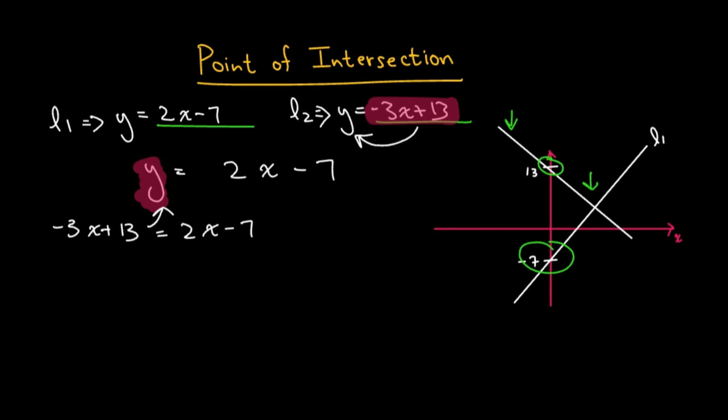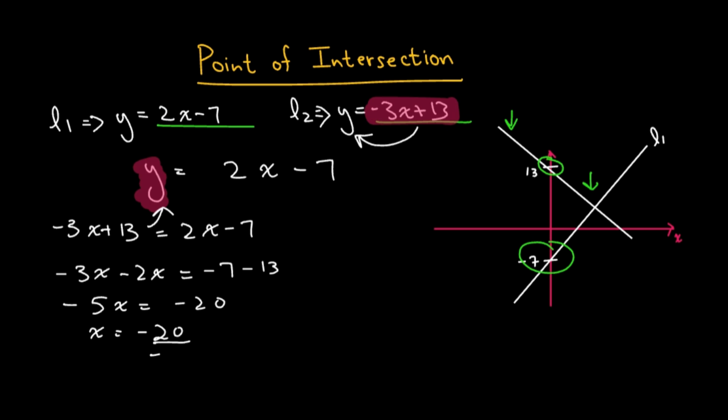Now the equation will rearrange to -3x minus 2x equals -7 minus 13. So -5x equals -20 and x equals -20 divided by -5. Now the negative signs will cancel, and 5 1s are 5, 5 4s are 20.